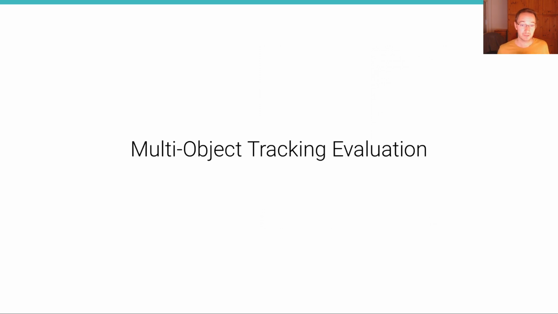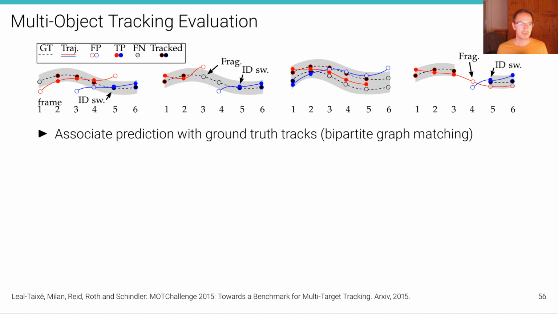Now finally, let's talk about how we can evaluate multi-object tracking. And the first step that we have to do when we evaluate multi-object tracking is to associate predictions with ground truth tracks. And that's done similarly to evaluating object detectors using bipartite graph matching. So here are 4 different examples. At the bottom you can see the different time steps.